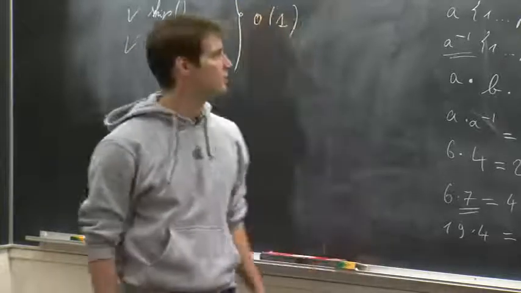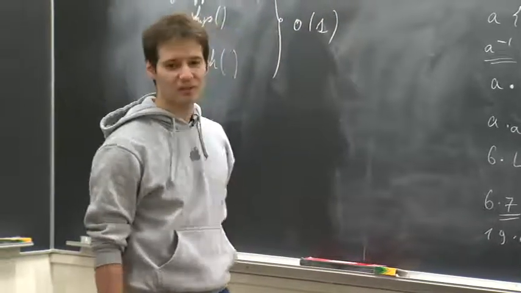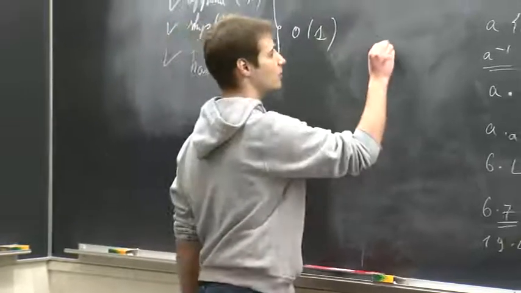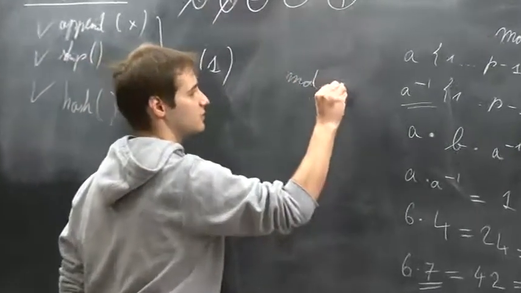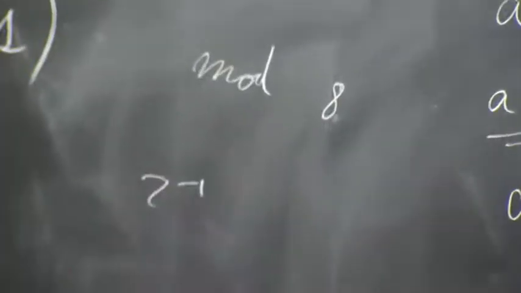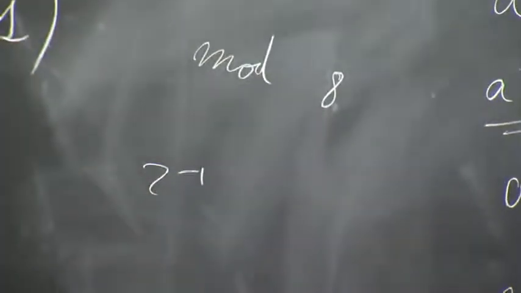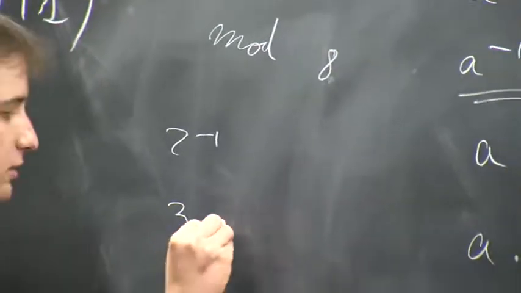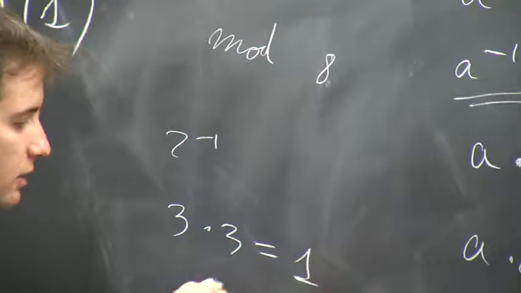So let me see if I can make this work without having an example by hand. Let's say we're working mod 8, right? 2 to the minus 1 mod 8 is not going to exist. Let's see, 3 times 3 is 9, so this is 1.